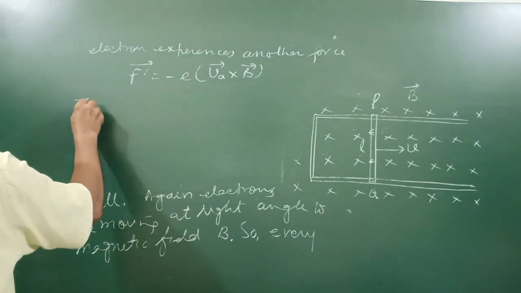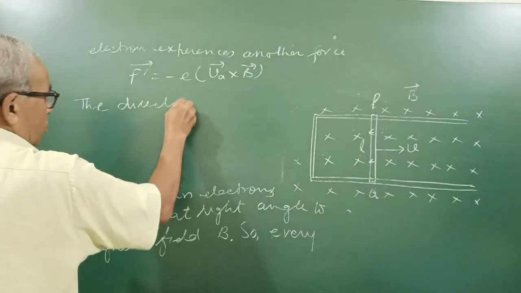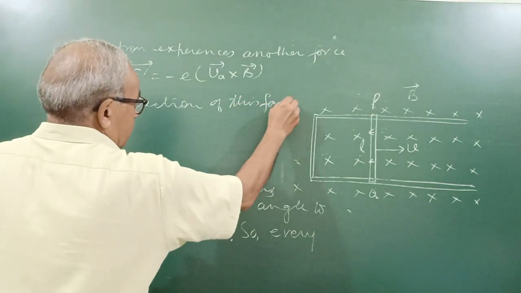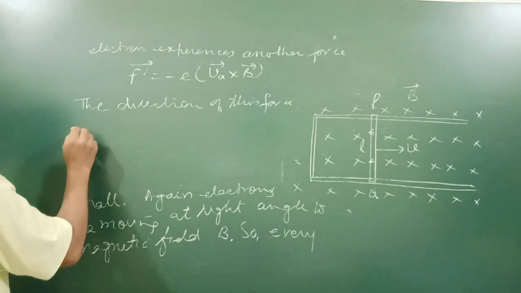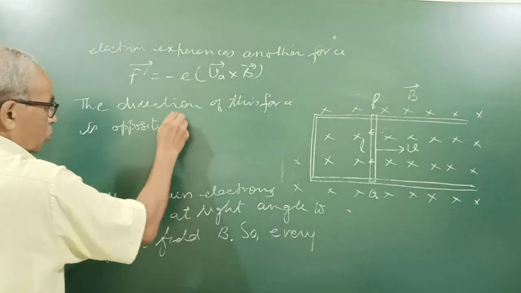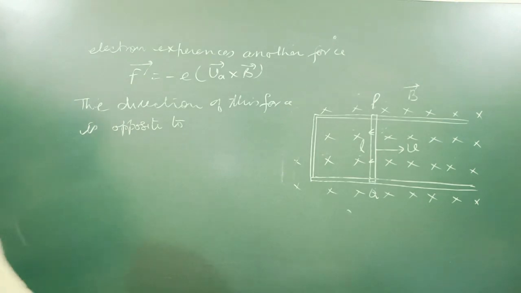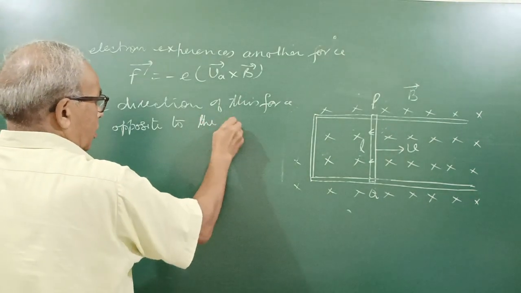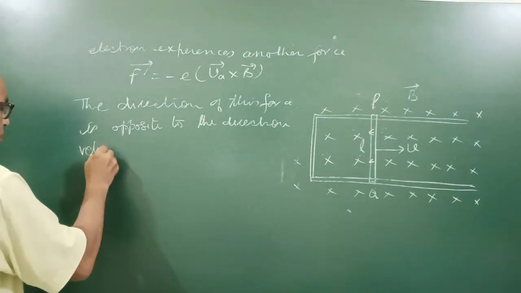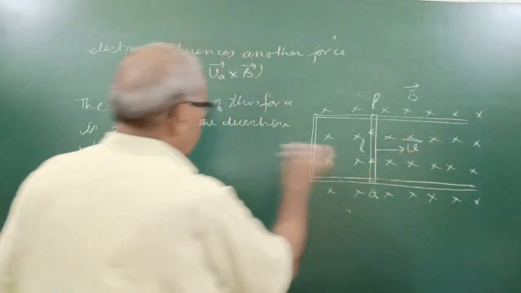The direction of this force is opposite to the direction of velocity v with which the rod is moving.